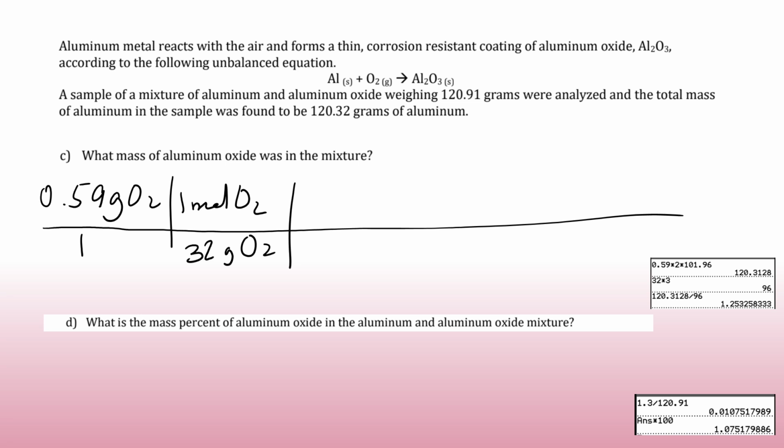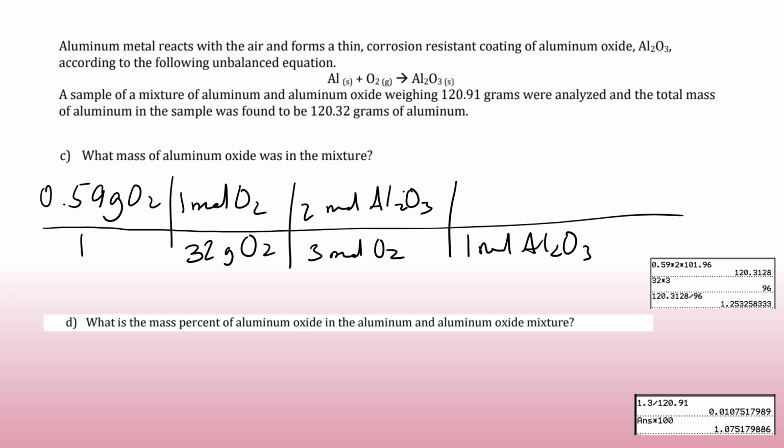It was 3 moles of O2 converted to aluminum oxide, so 2 moles Al2O3, 1 mole Al2O3 on the bottom, and the molar mass of aluminum oxide, 101.96 grams.